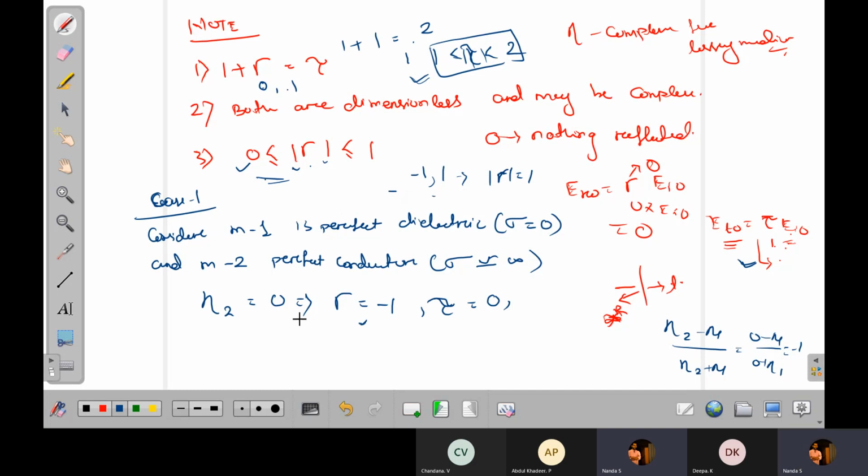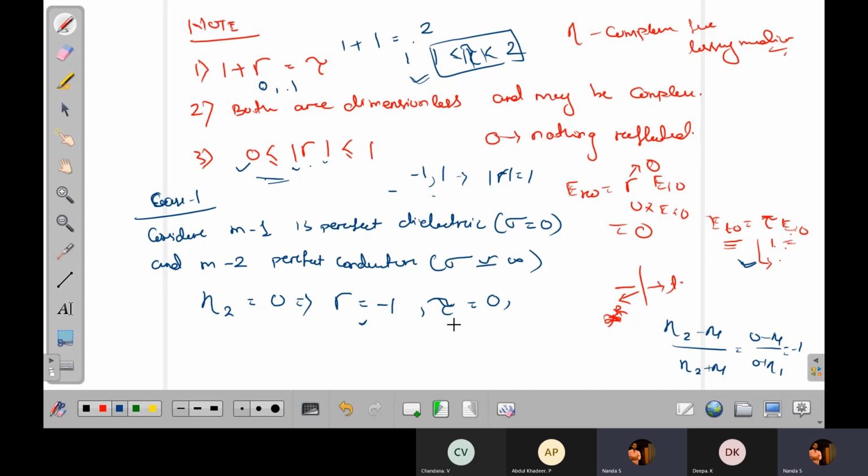So if you put eta 2 equal to 0 for a perfect conductor, the impedance will become 0. So for that, the reflection coefficient will be minus 1 and your transmission coefficient will be 0.